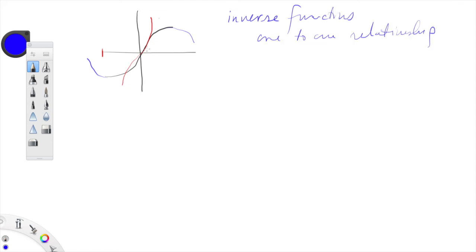So for sine, you have to limit it between negative pi over 2 and positive pi over 2. That's something to remember about inverse trig functions.